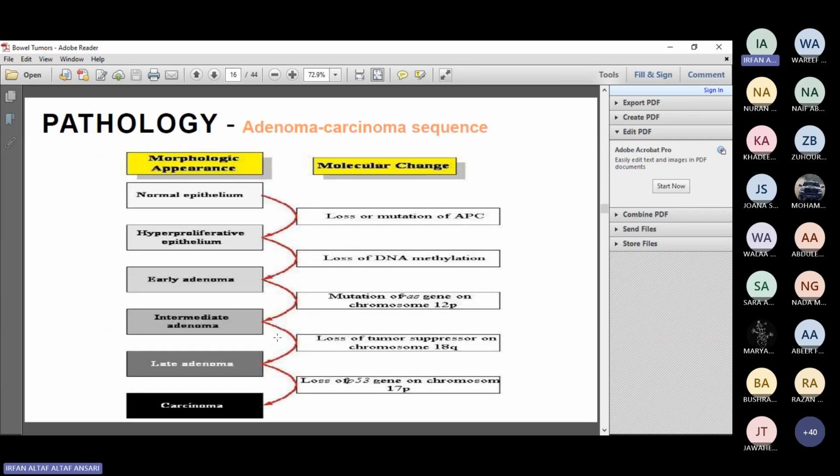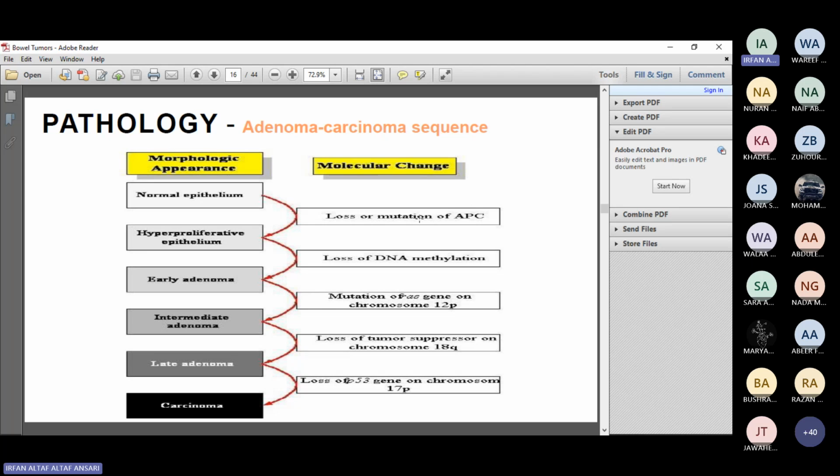So what happens in the adenoma carcinoma sequence? First there is normal epithelium. Normal epithelium goes into hyperproliferative or hyperplastic epithelium. Then early adenoma, intermediate adenoma, late adenoma with dysplasia, that is adenoma with mild dysplasia, moderate dysplasia, severe dysplasia, and then carcinoma. And what happens over here?